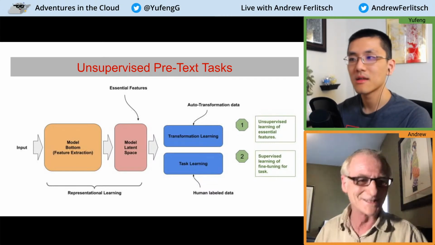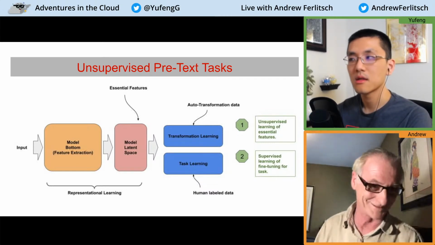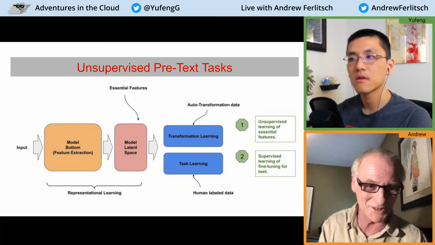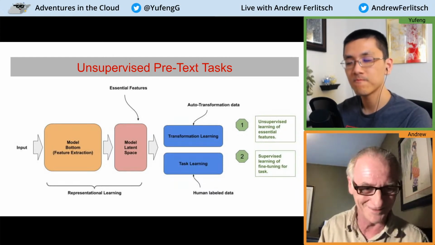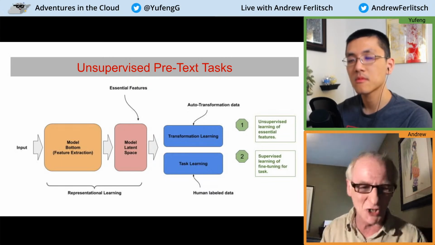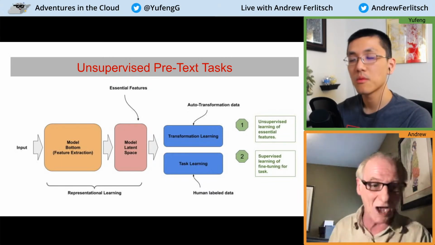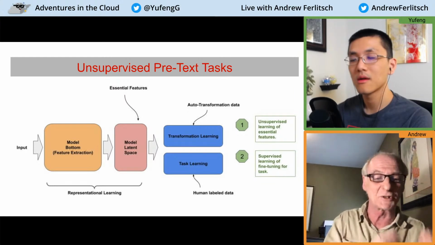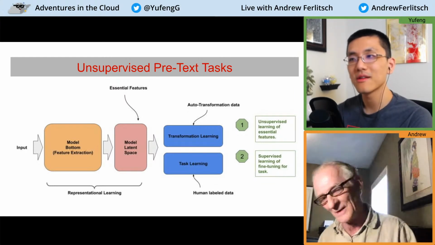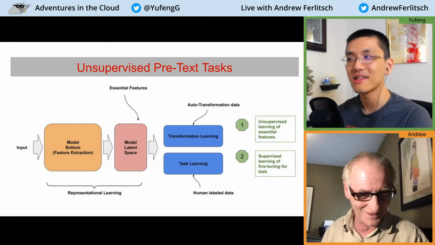And then the label is automatically generated. It's the reconstruction of the original ordering. So the model has to learn the transformation function. It learns how to solve a jigsaw puzzle, basically, in this case.